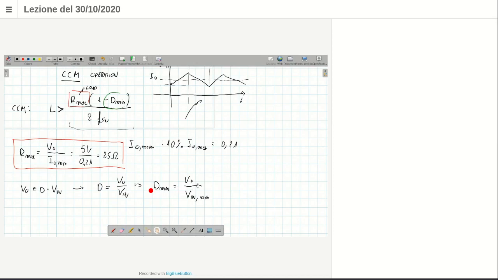Okay, this is the reason why I have neglected the losses, the voltage drop across the switch and across the diode. Is that clear?